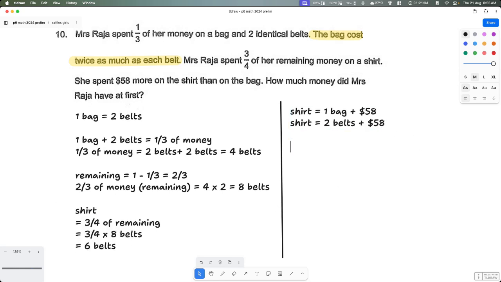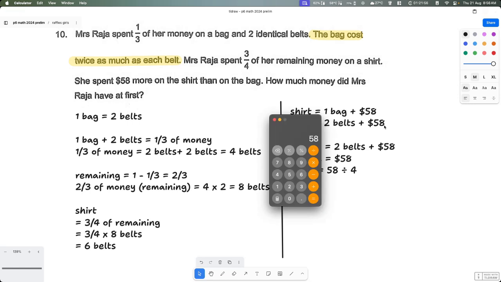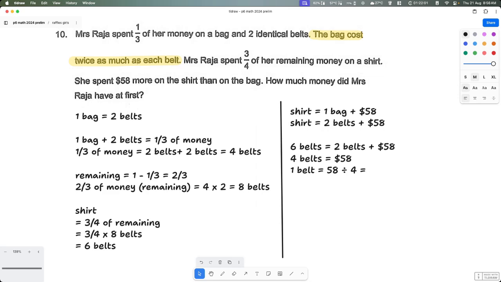So that means 6 belts equals 2 belts plus 58. So that means 4 belts is equal to $58. So one belt is equal to 58 divided by 4, which is $14.50. Okay, so how much money did she have at first?